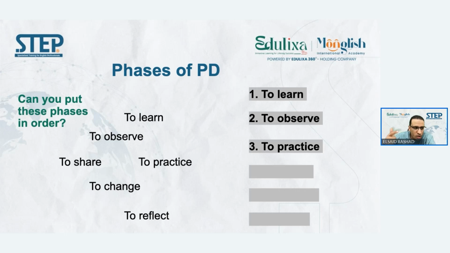So to learn, to observe, to practice, and to reflect. After practicing, you need to reflect on your teaching practices so that you can, number 5, change. And after you change your practices and make them more effective, then you need to spread the knowledge. You need to share with your colleagues, with the teachers on social media, with your students, spreading the knowledge.